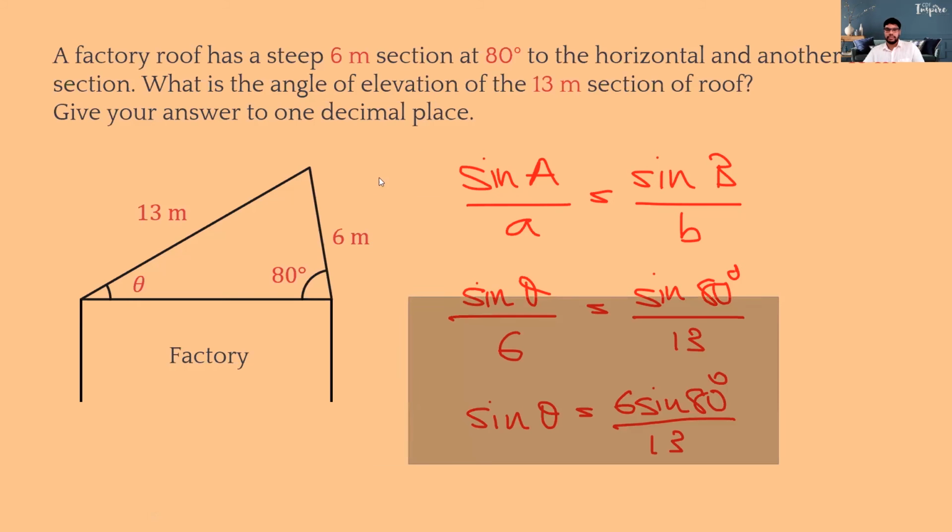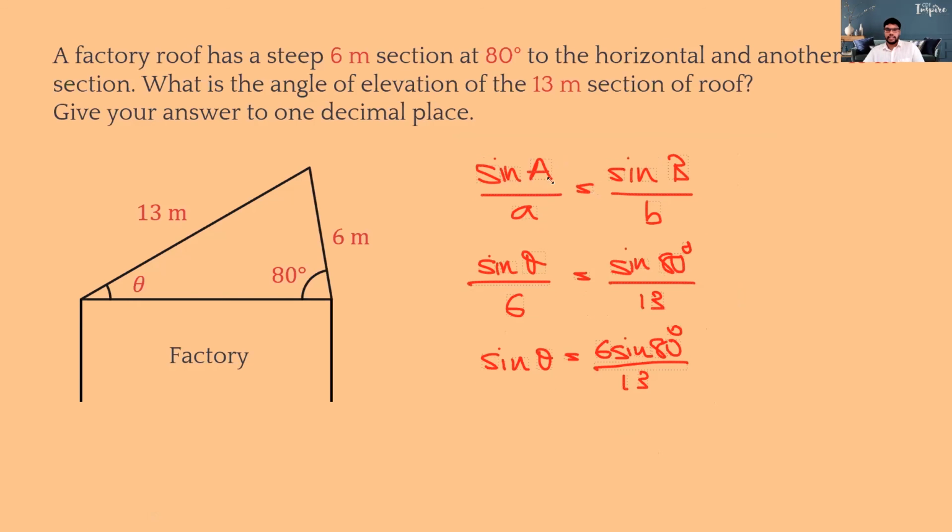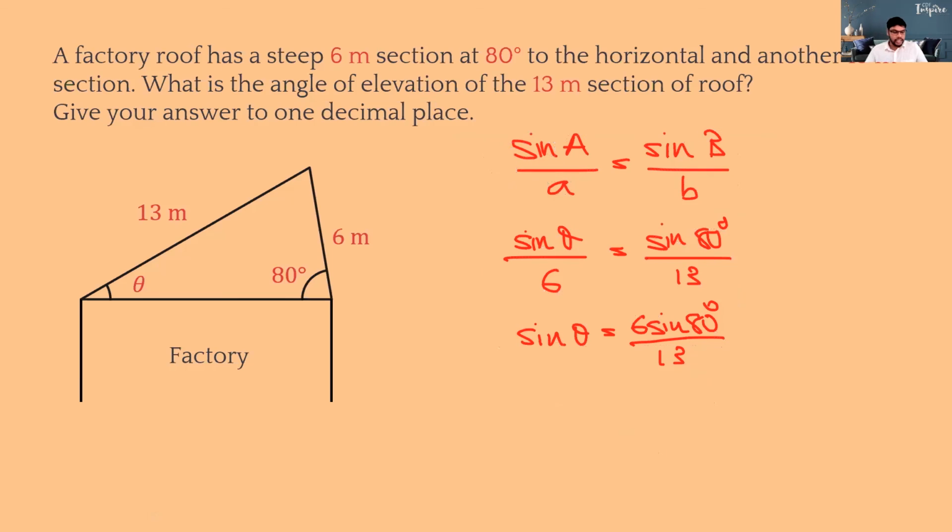It's to 1 decimal place. We want the answer, right? Okay, so then children, what do you do? You take sine inverse of this entire thing, 6 sine 80 divided by 13. Enter this in your calculator and tell me what you get.